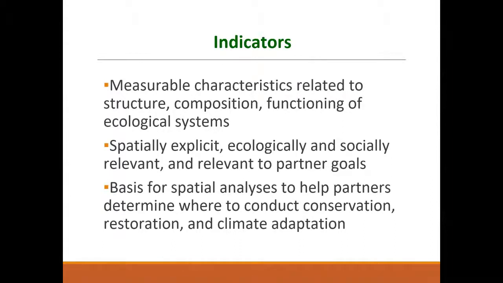We've done a lot of work to ensure they're ecologically and socially relevant and that they're relevant to partner goals. So we've worked on developing indicators coming out of the development of these larger conservation goals. And really importantly, they're the basis for spatial analysis that can help all of you determine potentially where to conduct conservation, restoration, and climate adaptation actions.